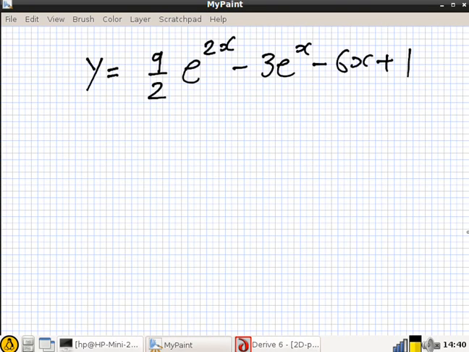Do you have to take a length here? No. There might be more than one answer.